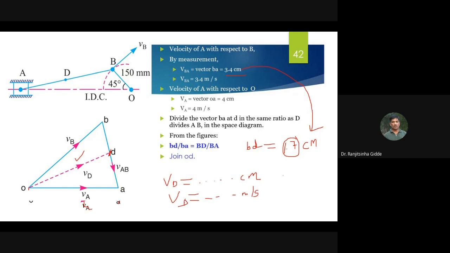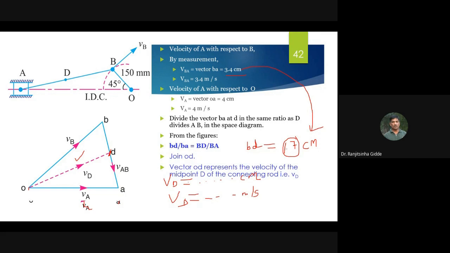Then join OD and measure this OD. So this vector od represents the velocity of the midpoint D of the connecting rod.